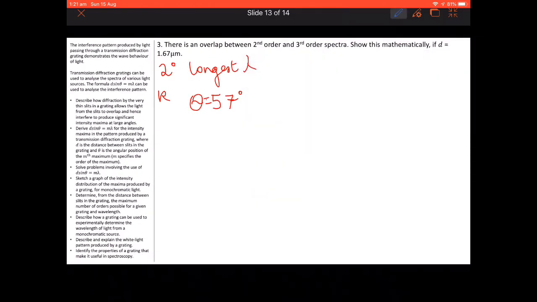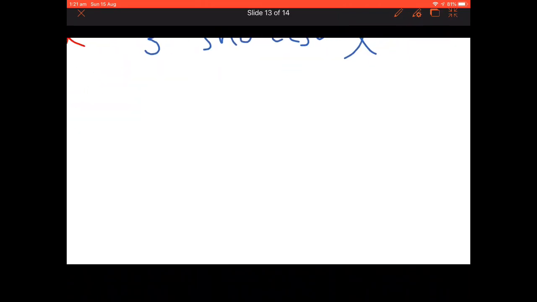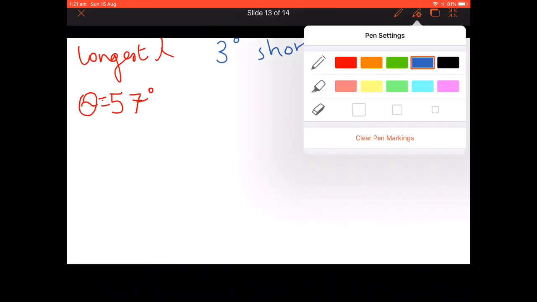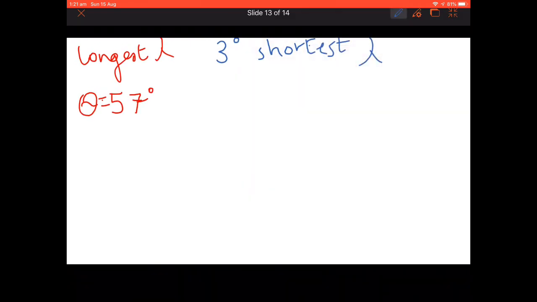Now for the third order spectrum, we'll calculate the shortest wavelength. This will be very similar to the calculations that we've been doing already.